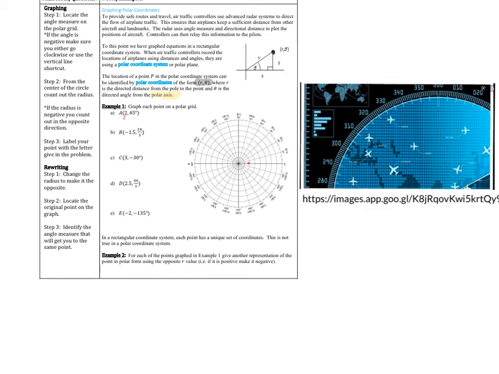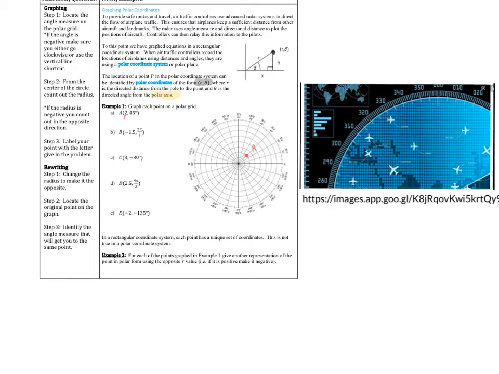And then I want to go 45 degrees. So I'm going along this curved circle to 45 degrees. So right there is my point A. I'm going to label that A, because we're going to graph all these points on our polar grid.